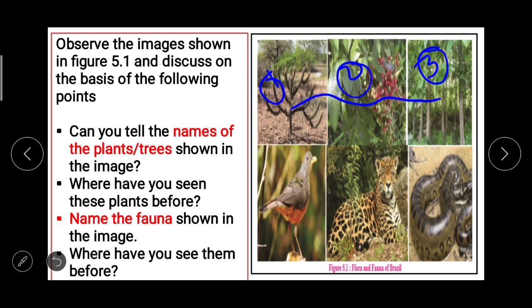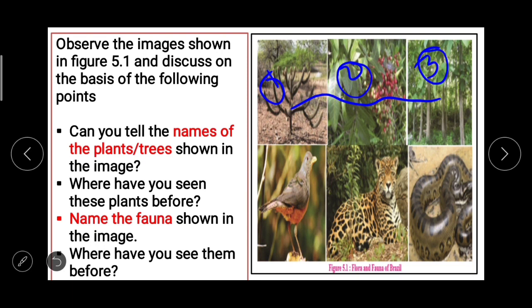Then where have you seen these plants before? अगर आपको इनके नाम पता है तो इसके पहले आपने उन्हें कहाँ देखा है. And the third question, name the fauna shown in the image. And here also one more thing to know, that is the meaning of the fauna, that is all the animals of an area or a period of time.